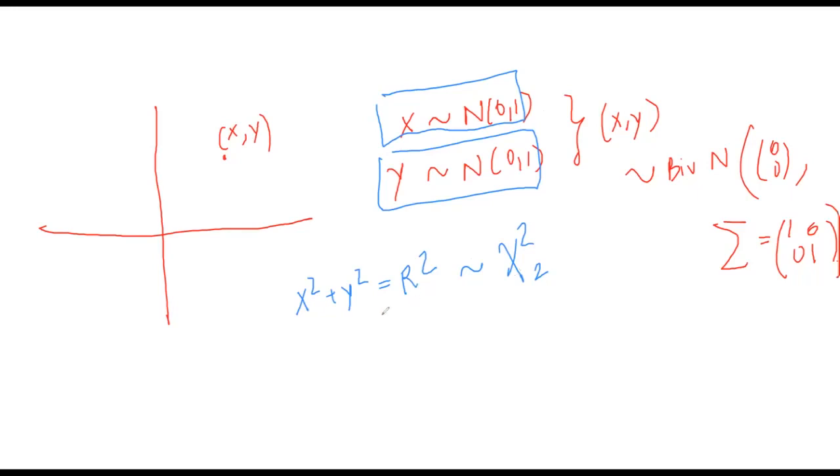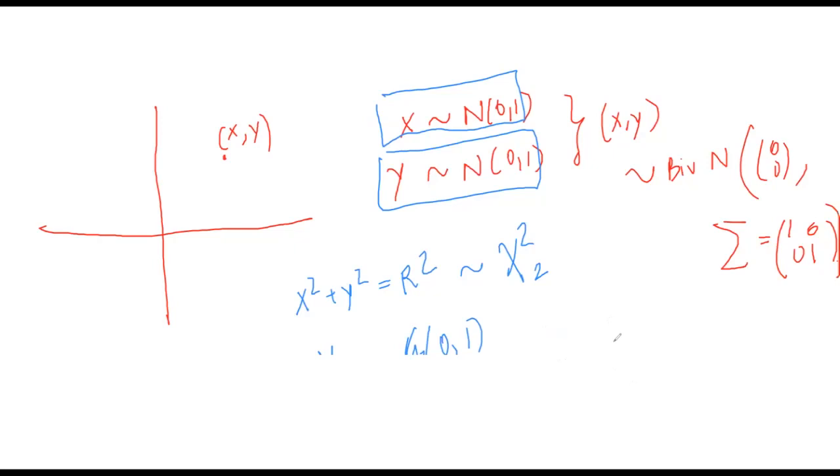And what else? We know that y by x follows Cauchy 0, 1, right? That's the beauty coming up. Y by x follows Cauchy 0, 1, and we must know this result about tan. So this is the relationship.